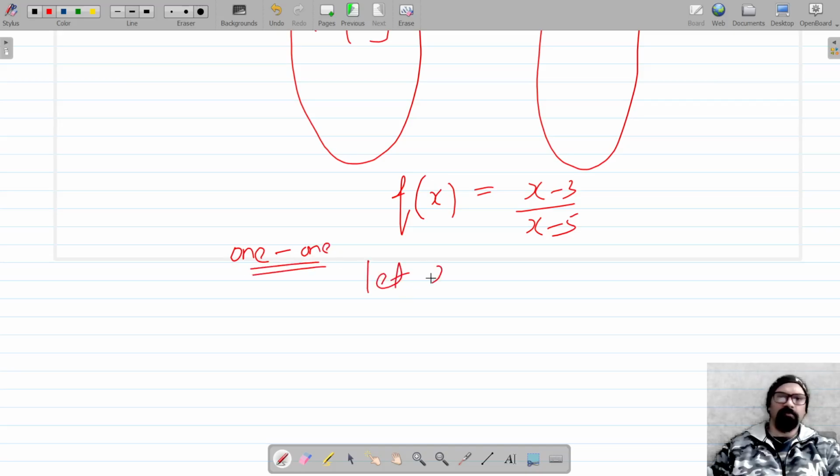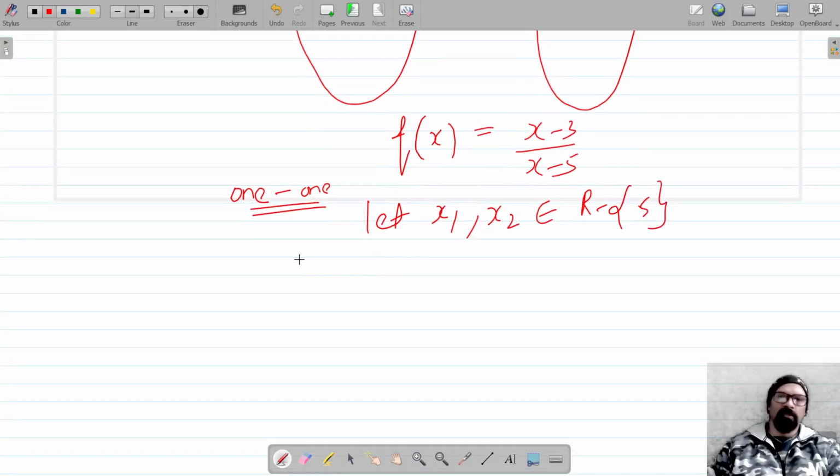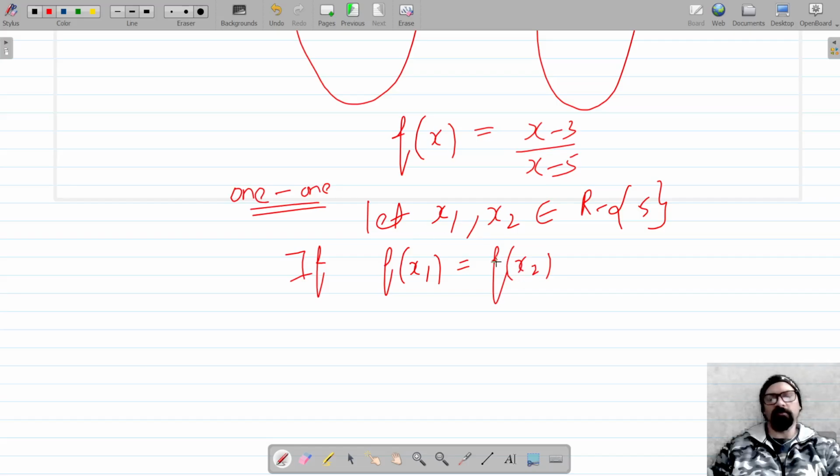Let's say there are two different inputs, x1 and x2, that belong to the set A, that is, all real numbers except 5. Let's consider that if their images are equal, that means these two are not different, but the same.